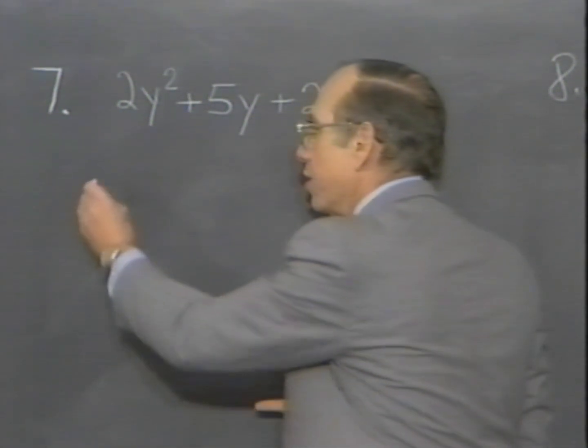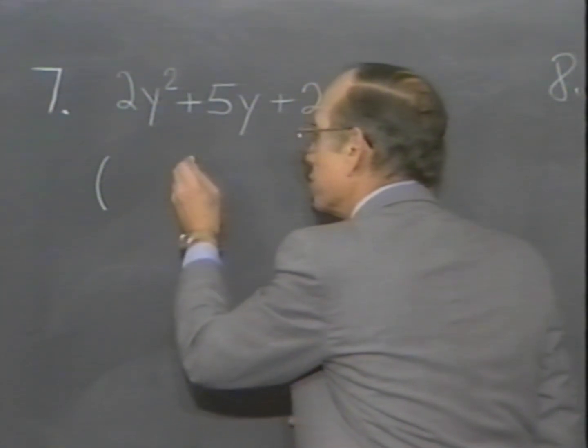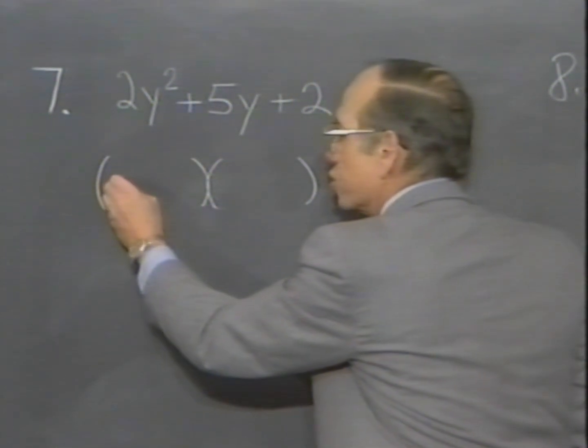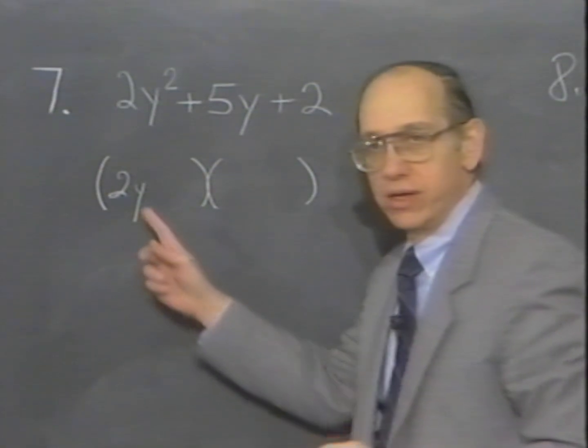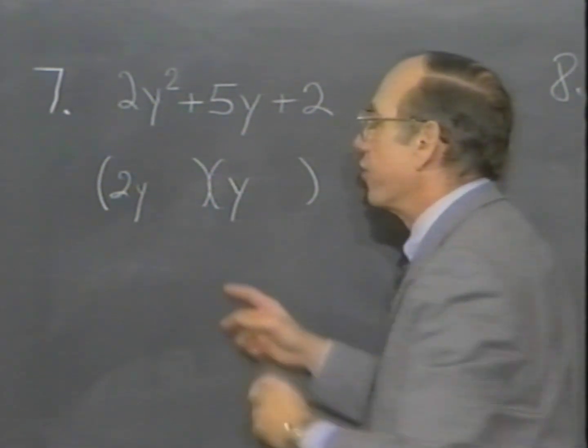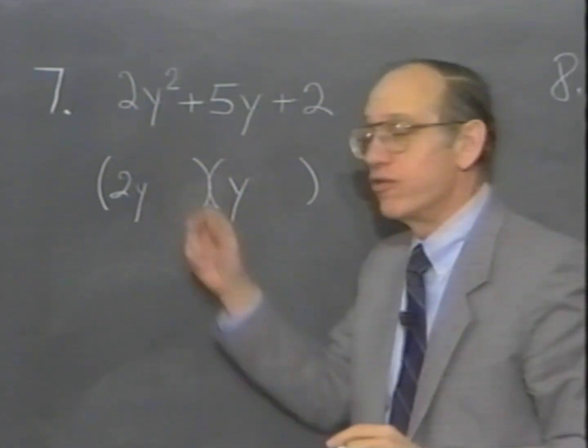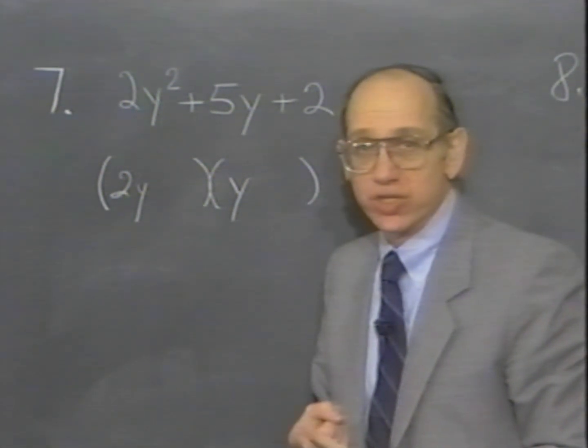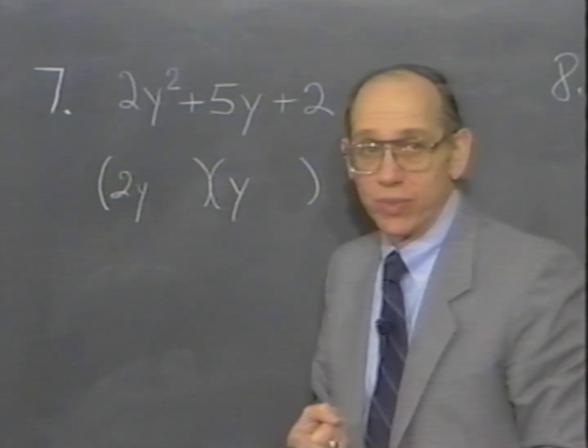In particular, what I expect to find as factors is something like this: 2y as the start of one of them, and y as the start of the other. So the 2y times y will give me that 2y squared term to start.